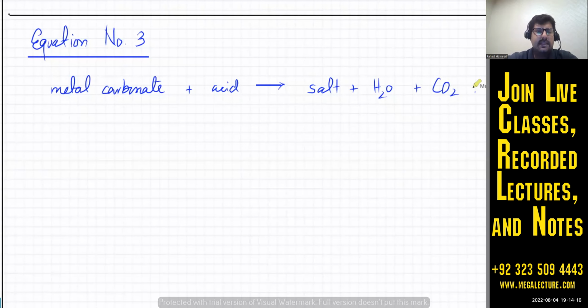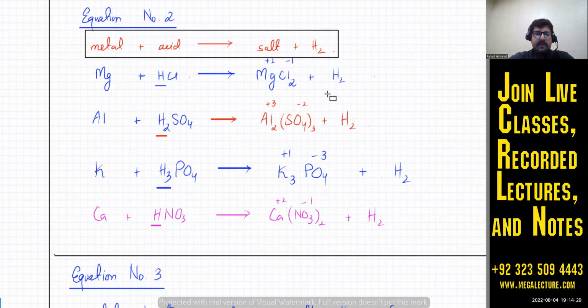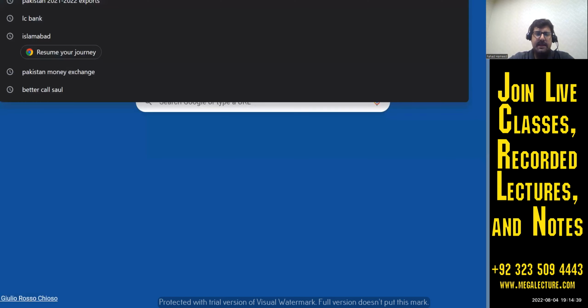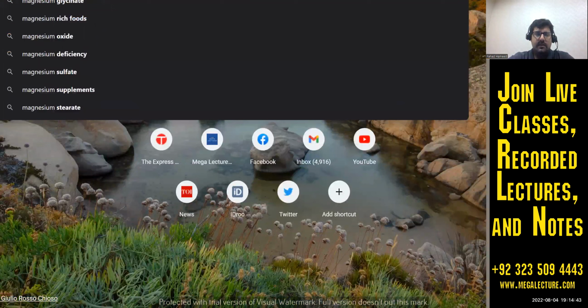Right now the task is just to learn how to make an equation. We're not doing any understanding of what is happening in the reaction, right? There's no background. We just want to make an equation. You just need to know what an acid is. Metal reacts with it. So if I show you a reaction, let's say a metal magnesium with an acid.